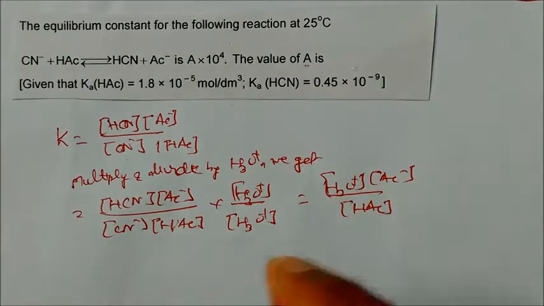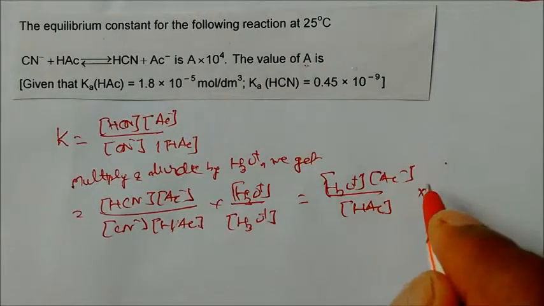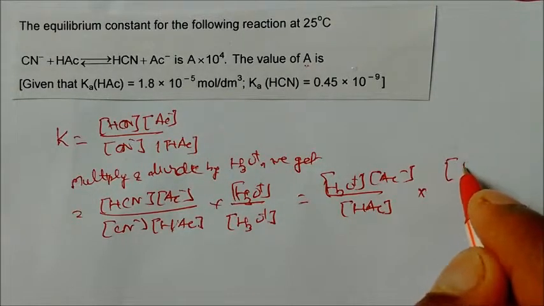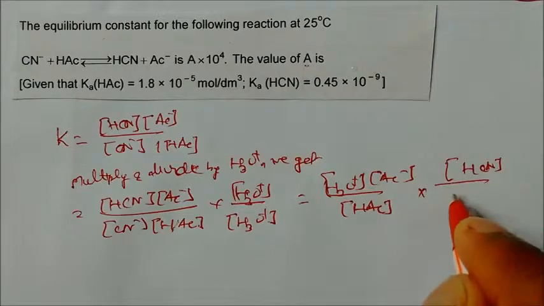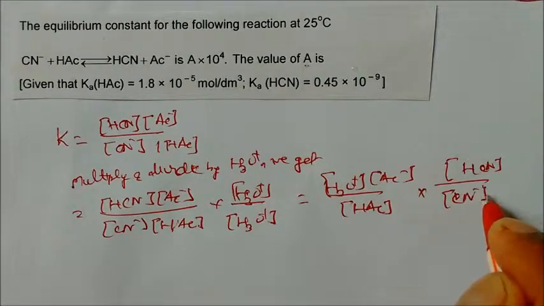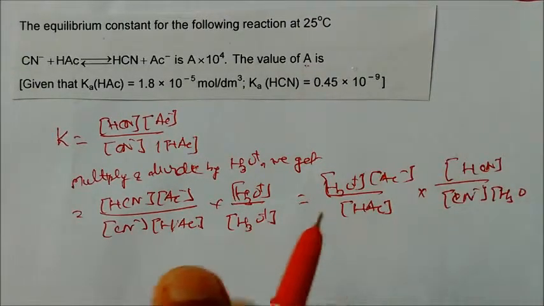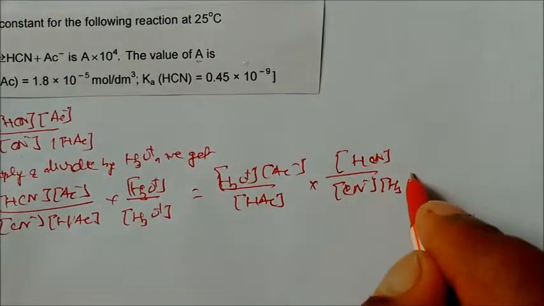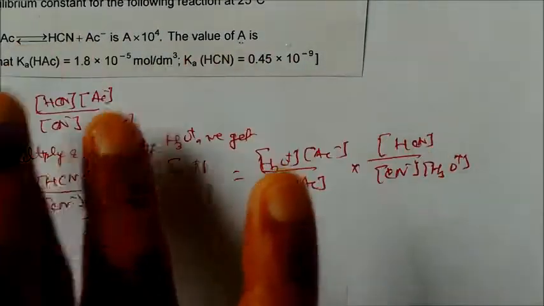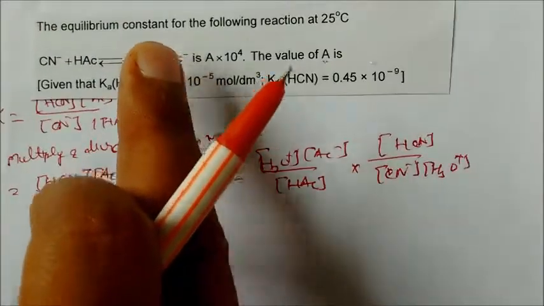This is the dissociation constant of acetic acid, and the other is the dissociation constant of HCN, HCN divided by CN⁻ and H3O⁺.